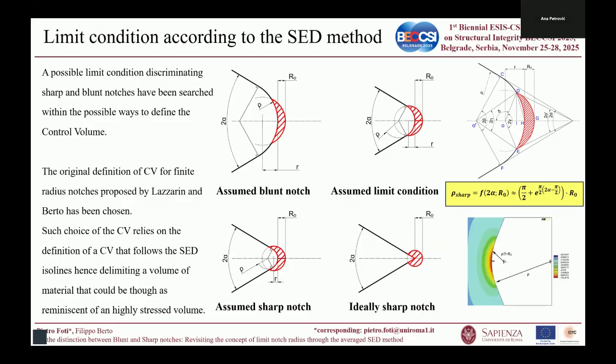There is the one on the top, when the control volume ends on the part of the notch that has a curvature, while in the other condition, this control volume ends on the notch edges. This condition can be schematized and solved analytically, and it is possible to find this value for the radius that we have called here rho sharp. I will explain later why we have called it rho sharp and not rho limit.